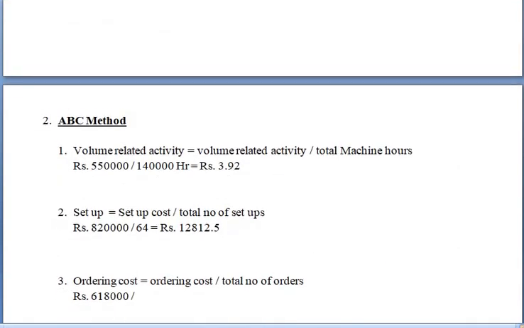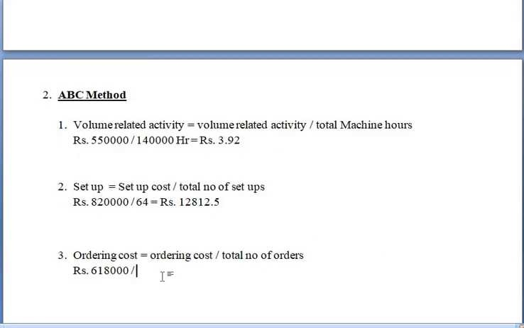So divided by 544. Now per order will be 6,18,000 divided by 544. So you will get 1,136 rupees. So these are the activity driver rates for each activity.